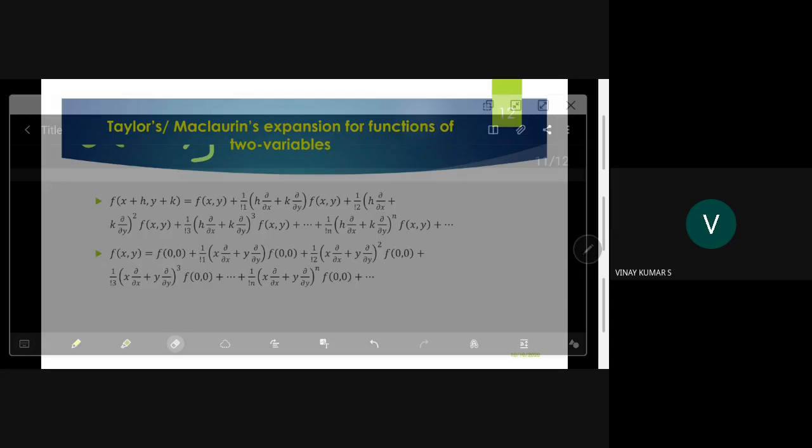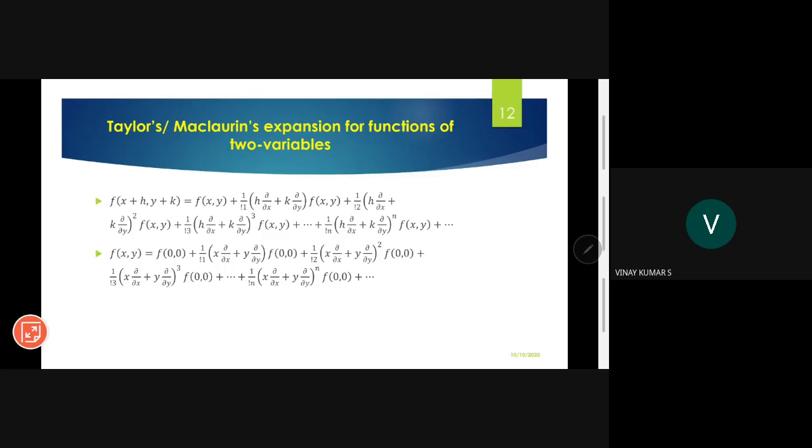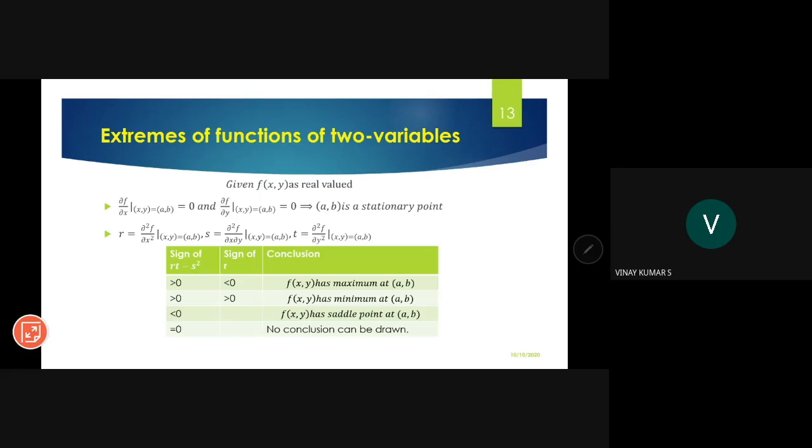So this is mentioned here. The next slide is extreme values. This is another important slide. Slide 13 is the one from which most of the GATE questions will come.